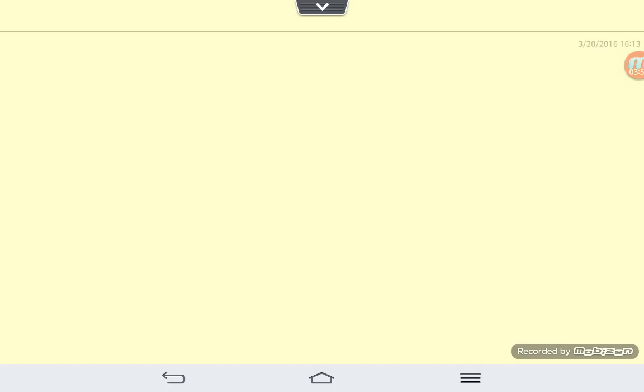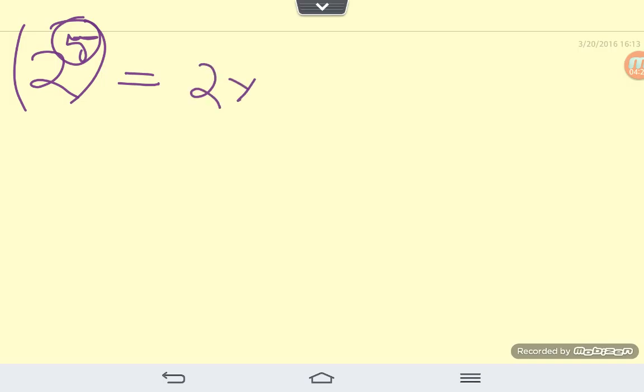So, let me take the example 2 power 5. Now, by this time, you could have understood that any number, power some number, is the number multiplied by itself to the power. So we have 2 to the power 5. We need to multiply 2 by itself 5 times. 2, 2, 2, 2, 2.